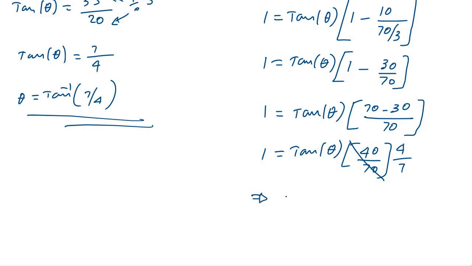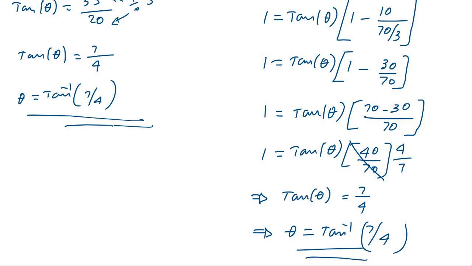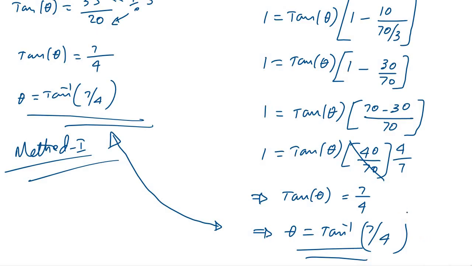On making some rearrangement, you get tan theta equals 7 divided by 4. So our angle theta is tan inverse 7 divided by 4. Again, we are getting the same answer that we got in our first method. So this is our answer in the first method, and this is our answer in method 2, the second method. So that's all.